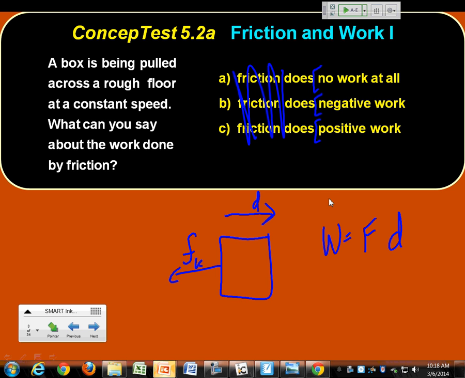But when I'm talking about the total work, I'm not just talking about any force, I'm talking about the net force. So if I'm talking about the net force, what is going to be the total work being done on this object? So the question: what is the net force on this object, this box being pulled across a rough floor at a constant speed?